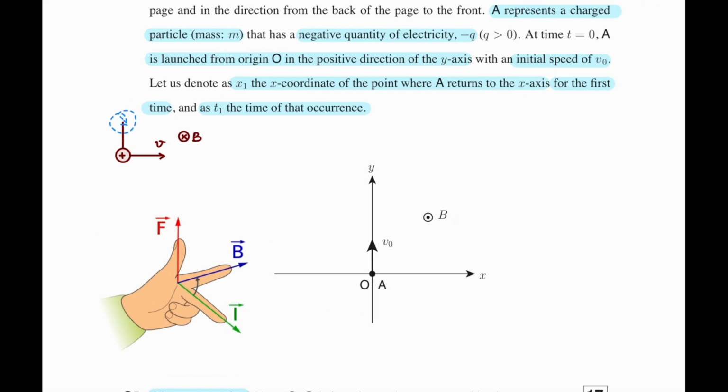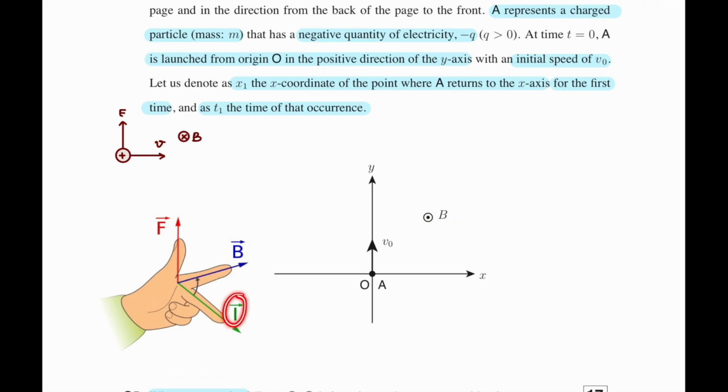Since the direction of force is always perpendicular to velocity, you can see from this diagram, or from the position of your fingers, that if you put your fingers like this, F and B are always perpendicular.